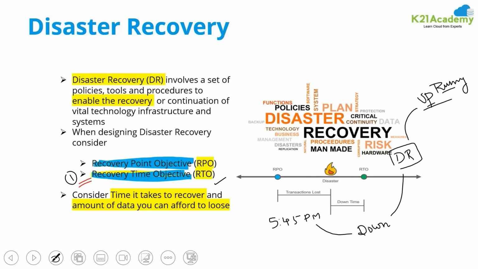Recovery point objective means, when the disaster occurred and you are recovering your data, the disaster has occurred at 5:45 p.m. The last backup that you made on the DR site was at 5 p.m., right?